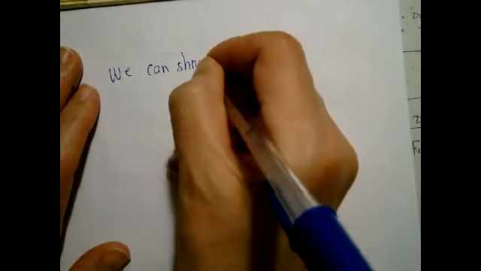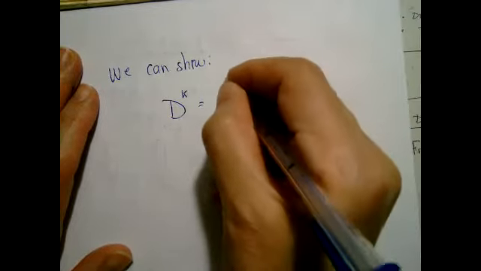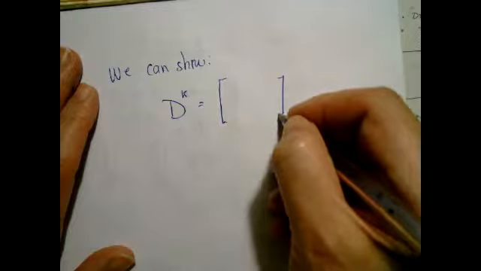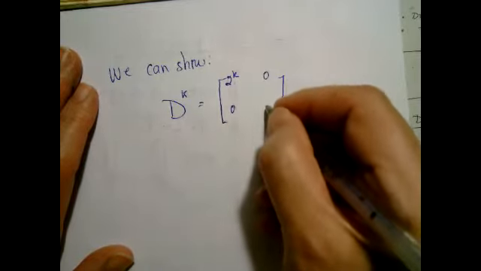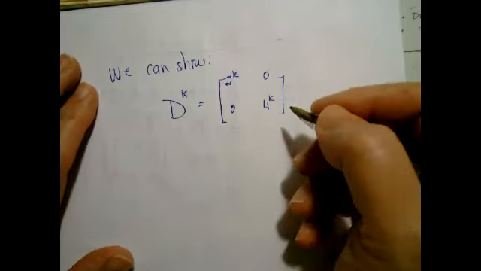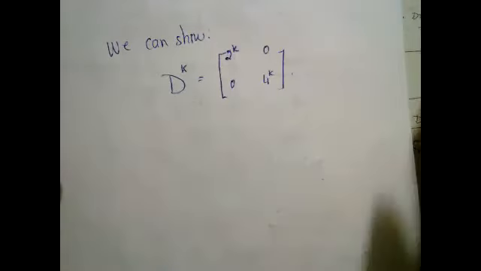So in general, we have the following simple fact: if I take D, as long as D is diagonal, and I raise it to the power k, I will get 2 to the k, 0, 0, 4 to the k. So multiplying a diagonal matrix by itself is actually kind of simple. Now, let us say we have the following.